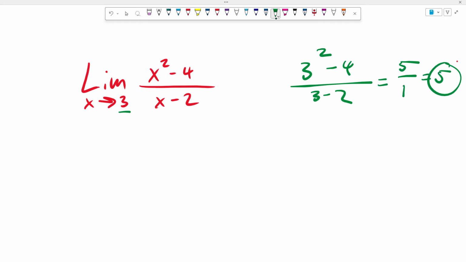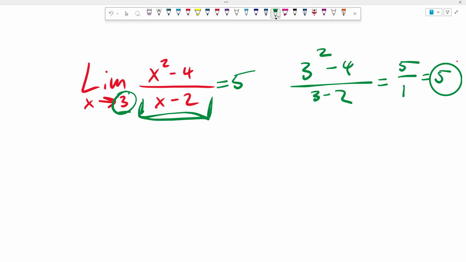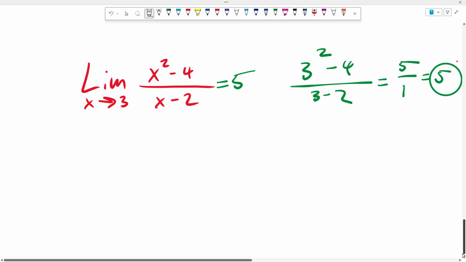If you end up with a number, that is the limit. Done. Easy peasy. Why does this work? As long as this number is in the domain of a continuous function, just directly substitute. The limit from the left and the limit from the right will equal the function value. So that's the first trick. Next example.